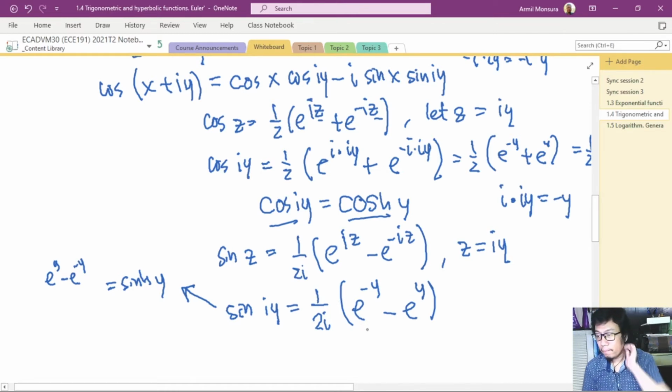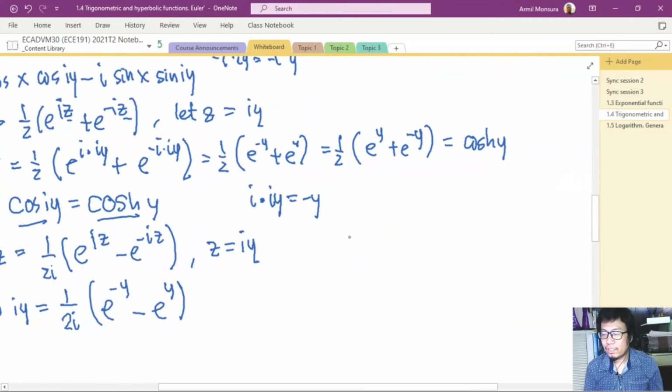Okay, but let us take a good look at what 1 over i is actually equal to. So let us establish the identity for 1 over i. And to be able to do that, we need to rationalize this one. So I'll multiply this with i over i. Again, i divided by i is simply 1.